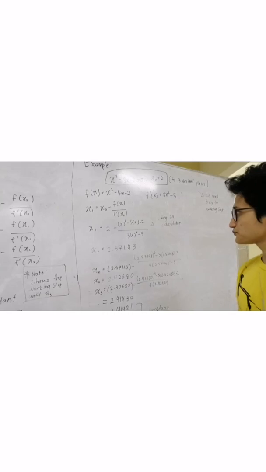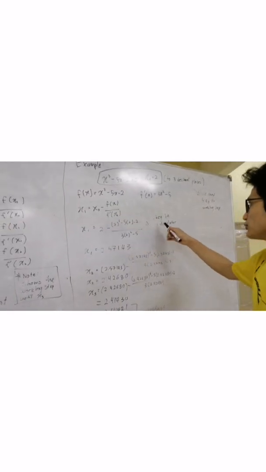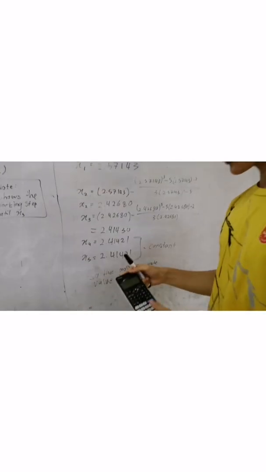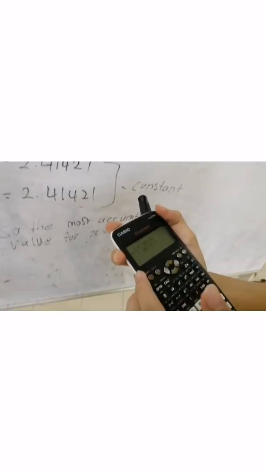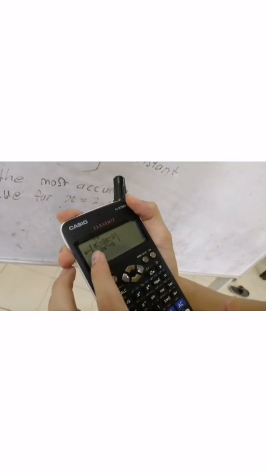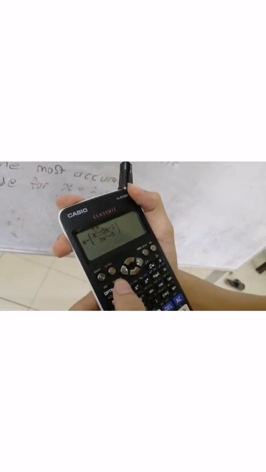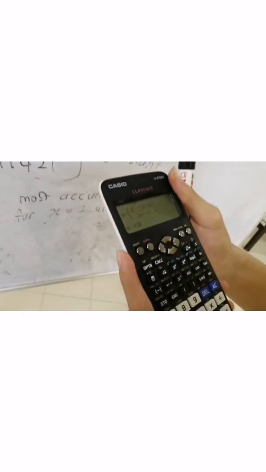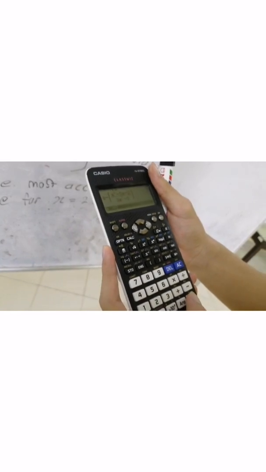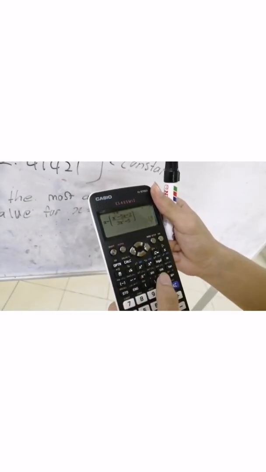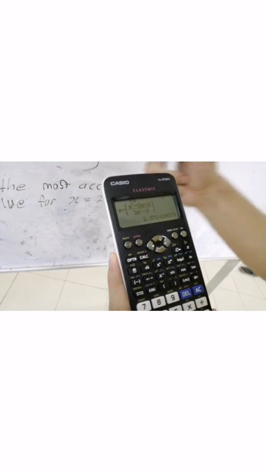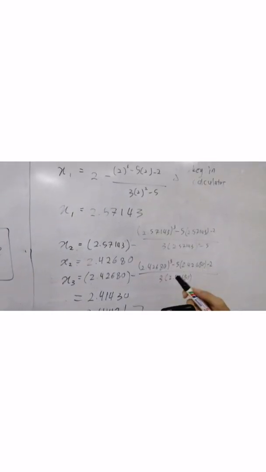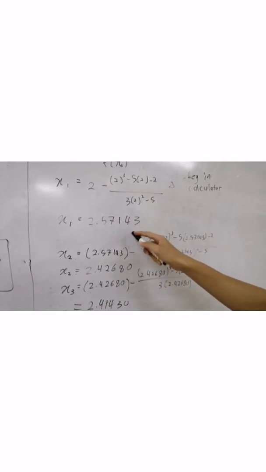After you put it in, you need to key it into the calculator. It's very simple. You just key in the equation in the calculator and press the solve button and put the x0 value, which is 2, and then just press the equal button to get the x value, which is x1, 2.57143.